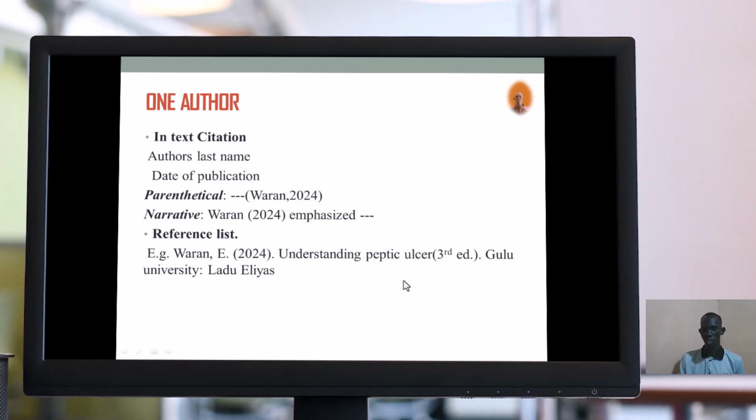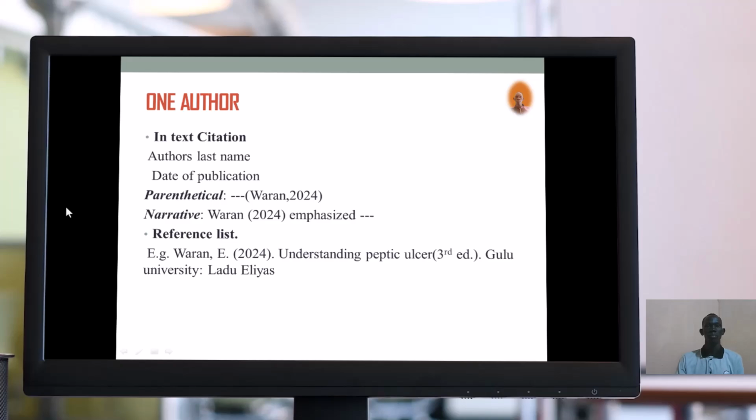You put the third edition in brackets the way it is, and then a full stop. Then you go to the place of publication, like Guru University, where this book was published. After the place of publication, you put the publisher last. That is how you can cite for one author using the seventh APA edition.